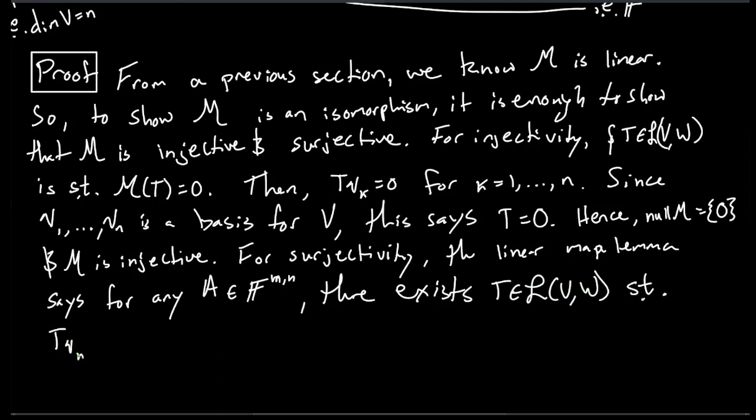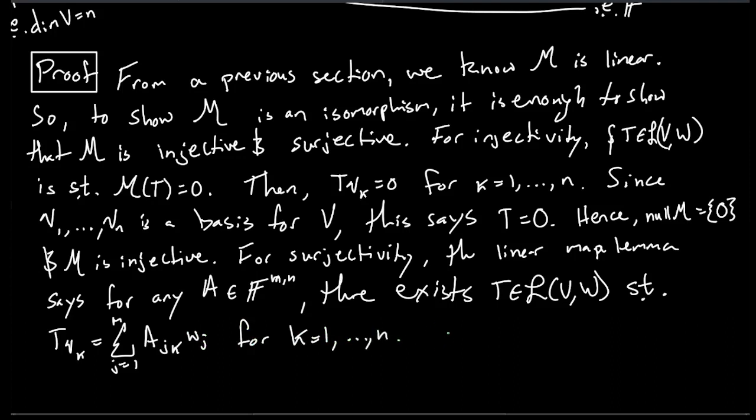T(vk) is equal to, well, you guessed it, the sum from j equals 1 up to m of A_jk w_j for k from 1 all the way up to n.